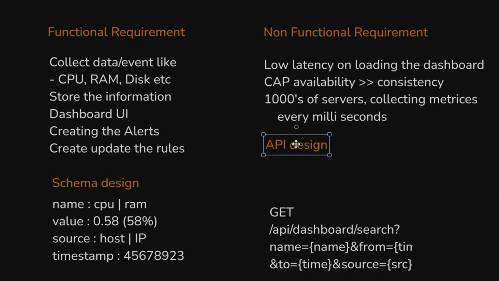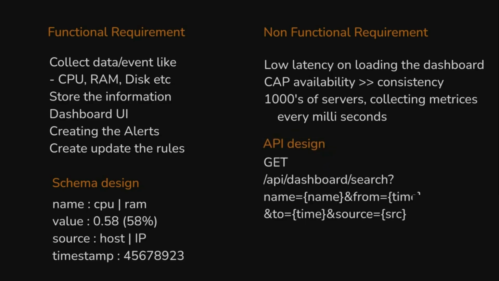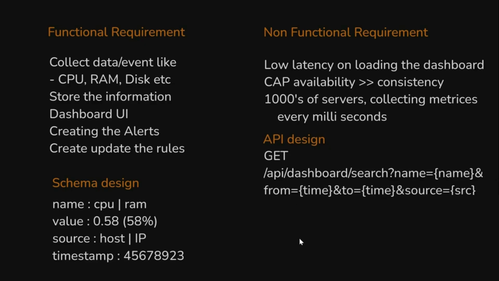This is a simple GET API for the search query in our dashboard, and you can understand that this is pull based. So when the dashboard is launched, it will query a service to load these metrics and display them in the form of a graph.